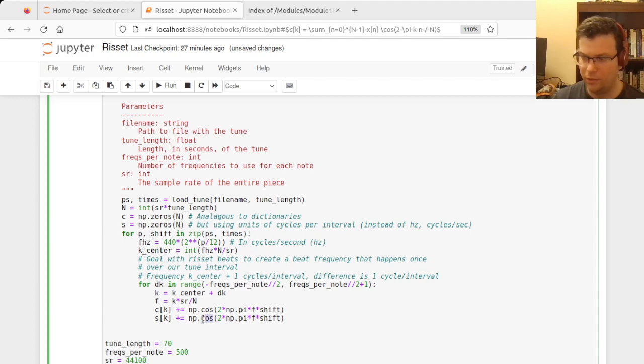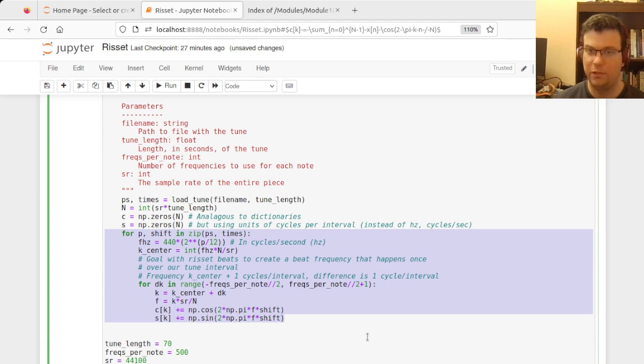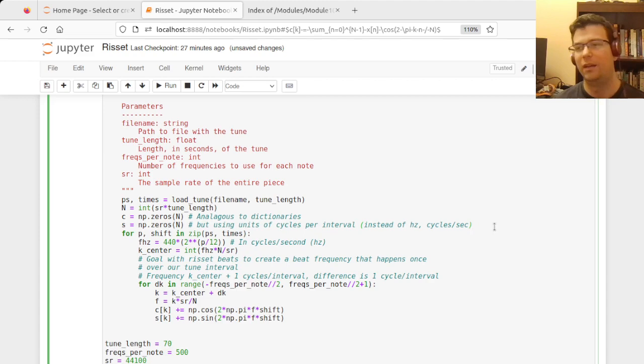Just make sure I change this to a sine here. And so now this should look very similar to the first loop that you had setting up your dictionary. The only difference is, instead of a dictionary, we have these arrays of the Fourier coefficients, is how we interpret this. So we're just in different units here, units of cycles per interval. And then we can accumulate things the same way.